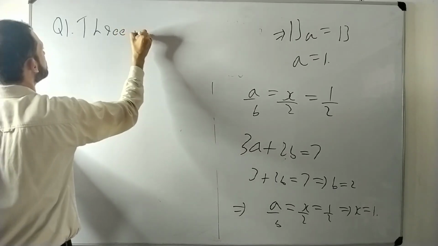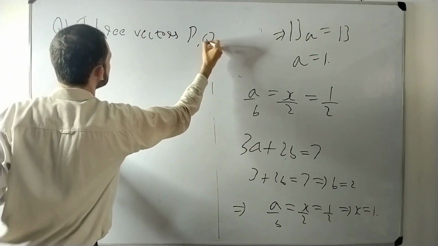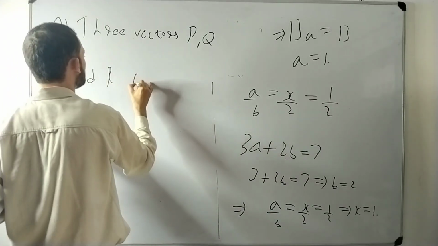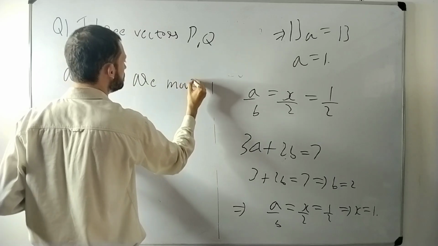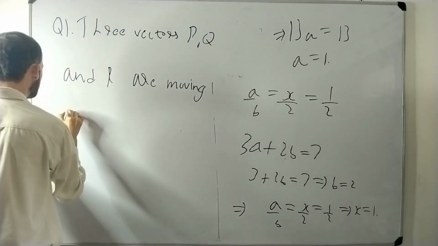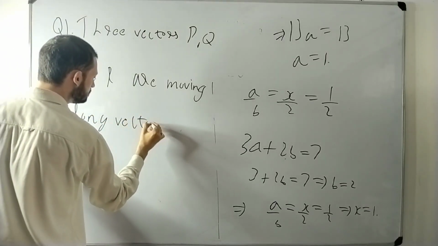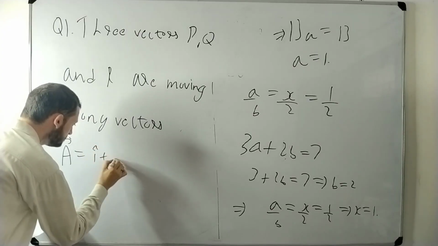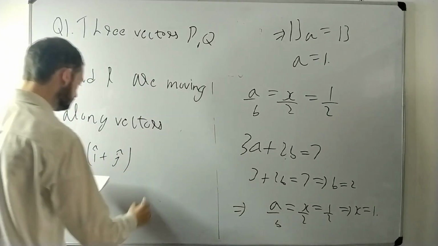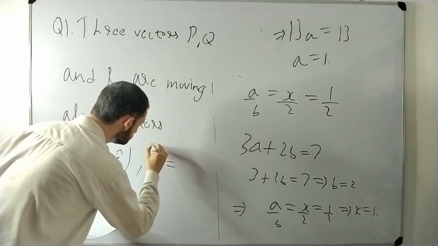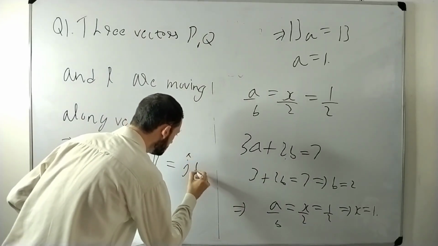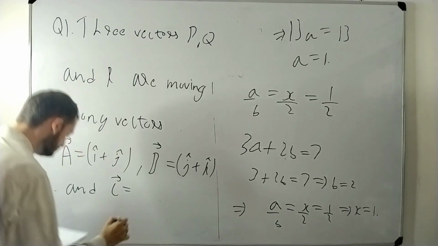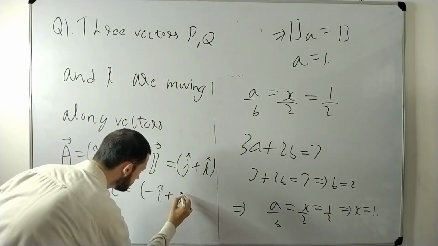Three particles P, Q and R are moving along vectors A, i cap plus j cap, B, j cap plus k cap, and C happens to be minus i cap plus j cap, respectively.